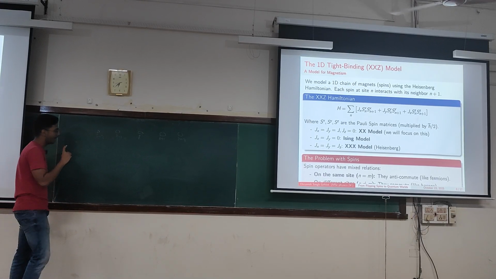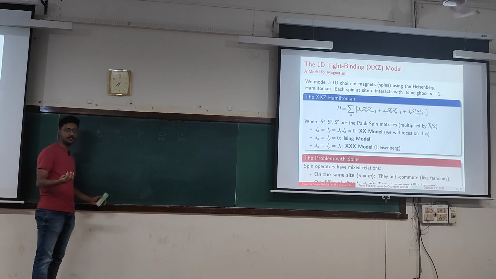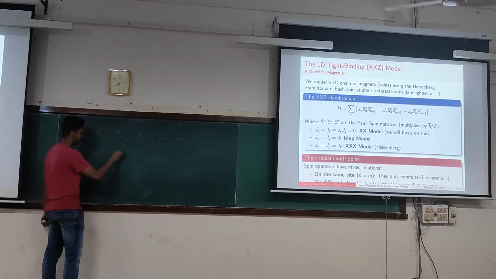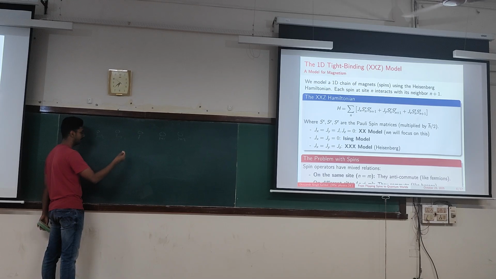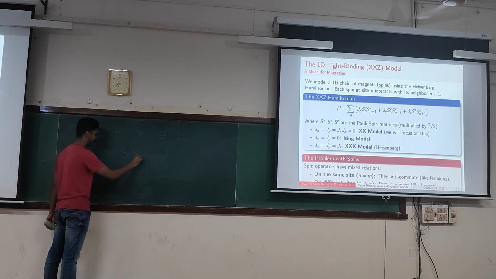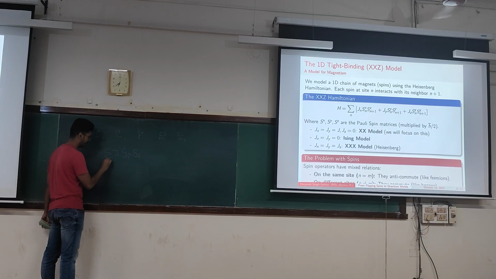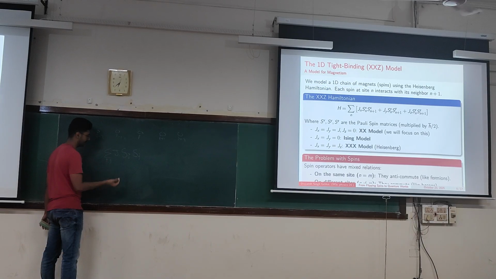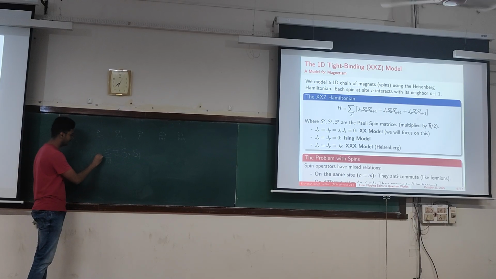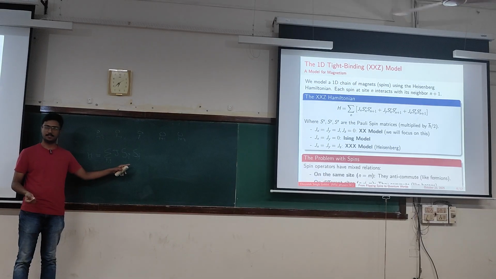So how I am defining this interaction term: let's say any two spins are interacting, so Si, Sj, and some coefficient, summing over all Si and Sj. This is how I am defining the interaction between the spins.